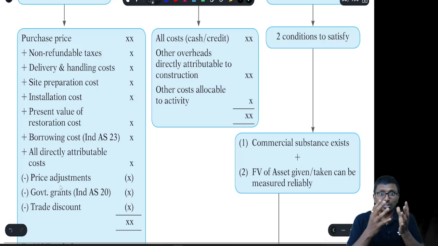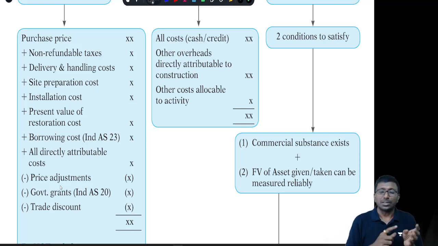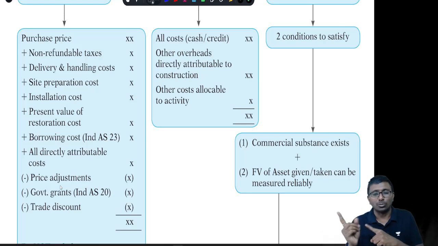First one, what all the amounts will you be adding? Purchase price, non-refundable taxes, freight cost, site preparation cost, installation cost, present value of restoration, decommissioning, rehabilitation cost, and obviously borrowing cost also will be taken up if that PPE is a qualifying asset as per your Accounting Standard 16 or Ind AS 23.